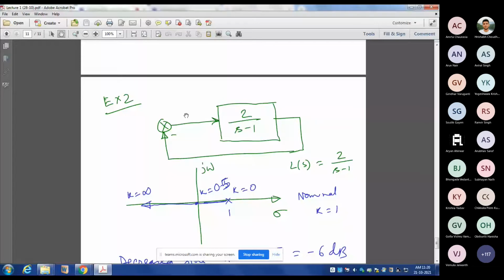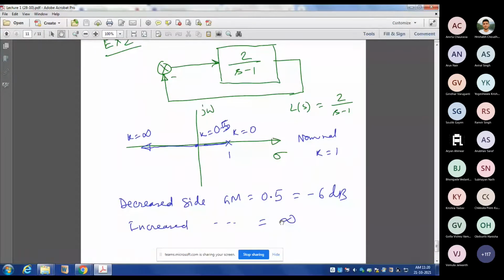Now if you increase k, whatever gain it will be, it will still remain stable. Even if you make k arbitrarily large, the system will remain stable. So here the positive gain margin, or upper side gain margin, is infinity.